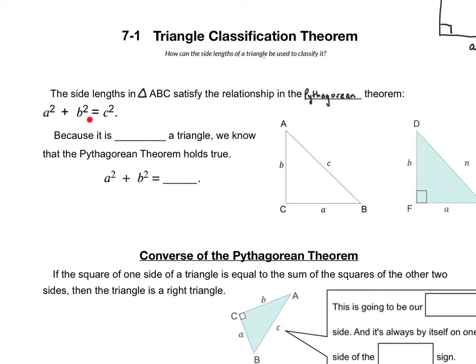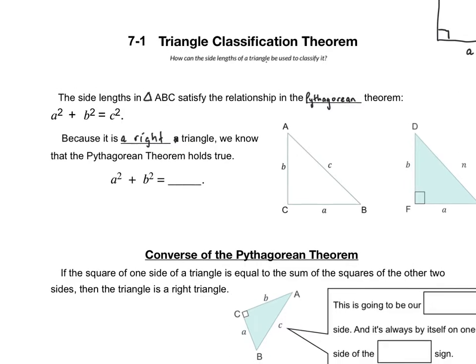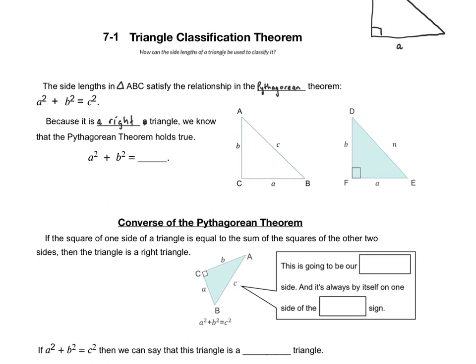Because it is a right triangle, we know that the Pythagorean theorem holds true, because you would have A squared plus B squared equals C squared. And if we look here, in this case, C is going to be the value of n, so A squared plus B squared would equal n squared, because they're both right triangles, and the theorem would be able to be used back and forth.